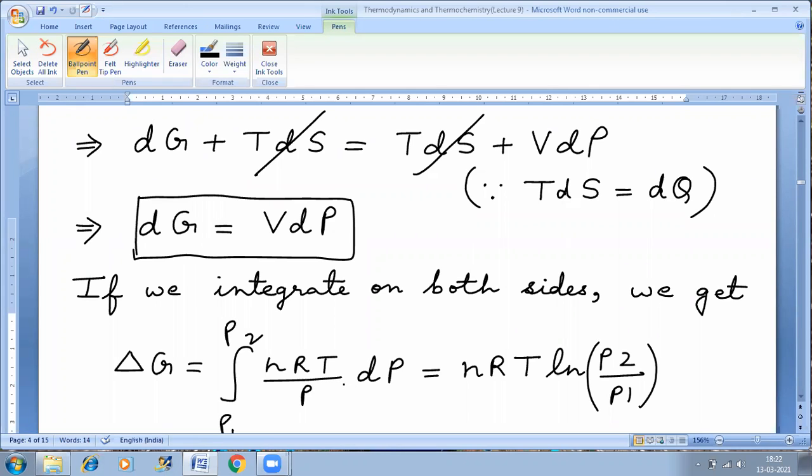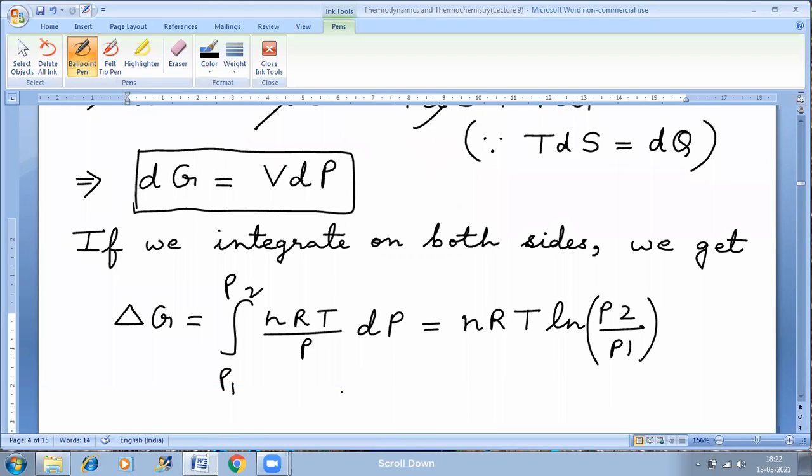Now, if we integrate on both sides, we'll obtain this: delta G is equal to integral of P1 to P2 VdP. Now, V for an ideal gas is nRT upon P, because we are assuming ideal gas in this case. So delta G is equal to nRT ln P2 by P1.